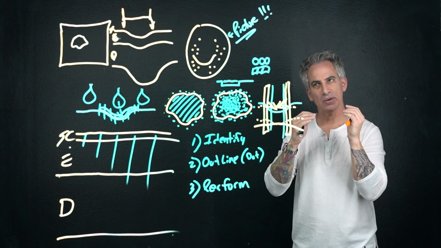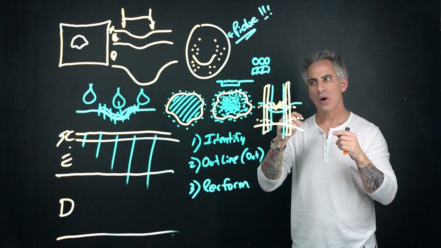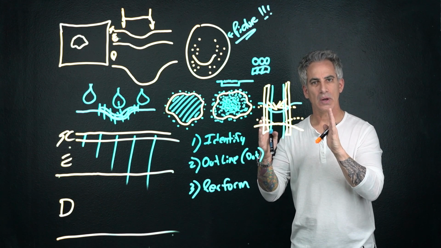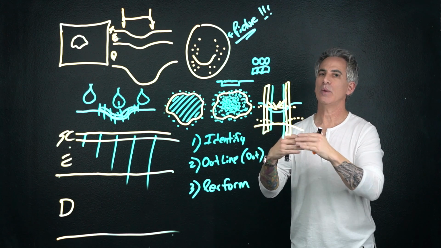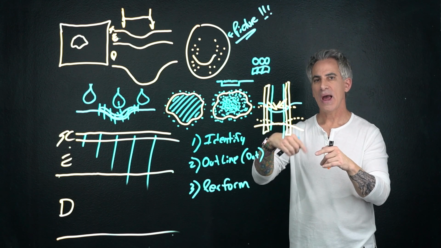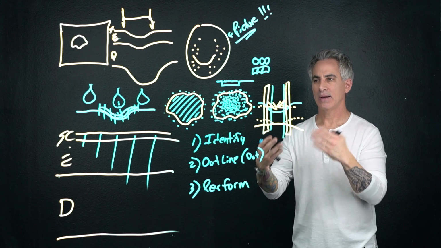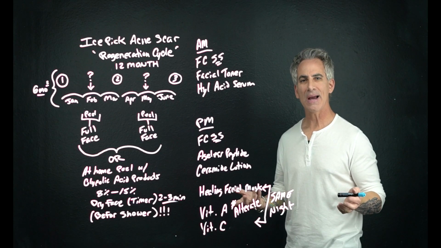The regeneration cycle will identify for you the time frames and what you should be doing in between and what you shouldn't be doing. I will already have it drawn on the board when we come back, and let's get into that next.